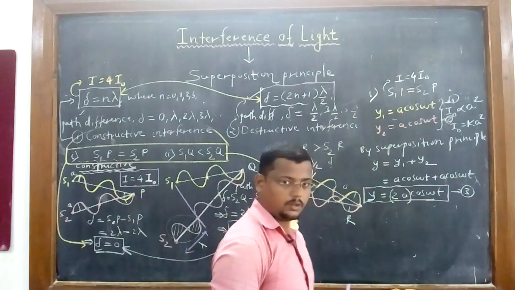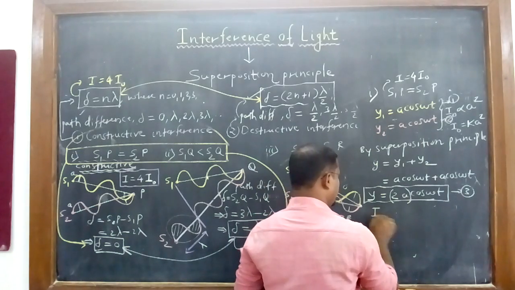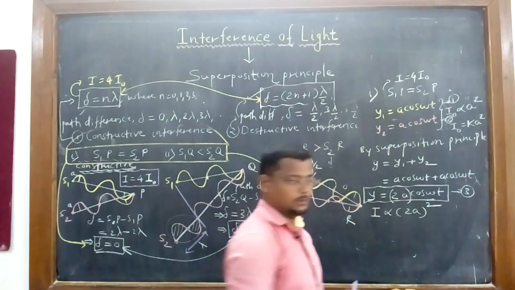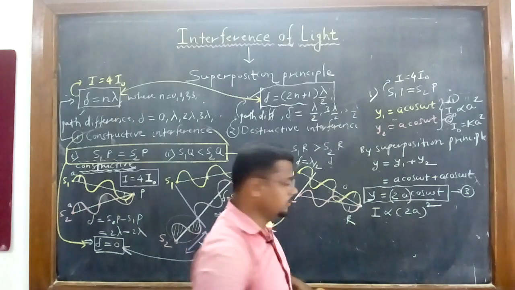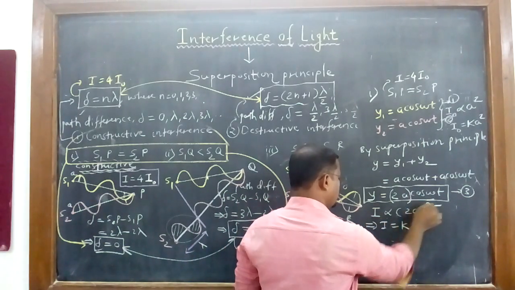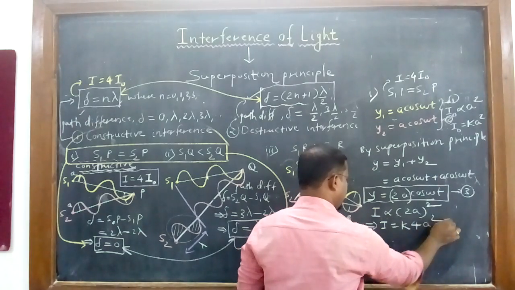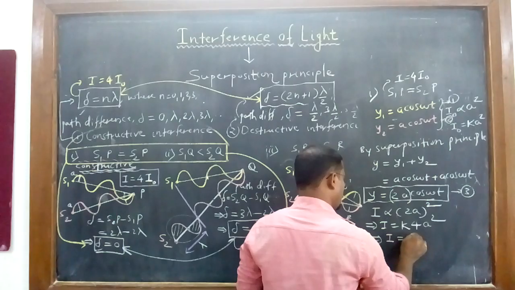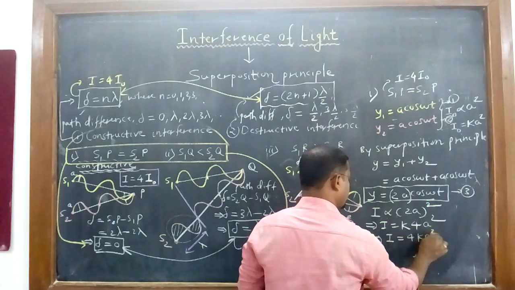2A. And we know the intensity of the wave is directly proportional to the square of the amplitude. So I is equal to K into 2 square, that is 4, into A square. So I is equal to 4 times K A square, yes or no?